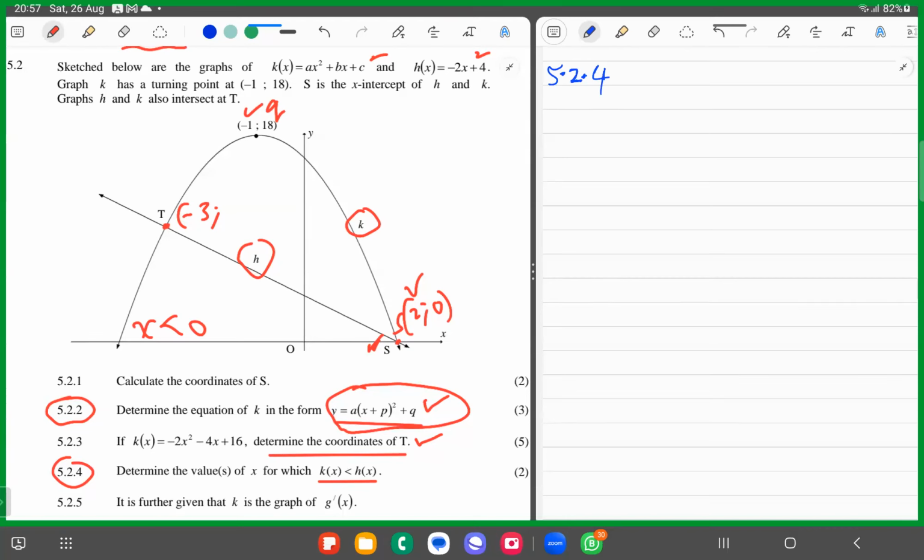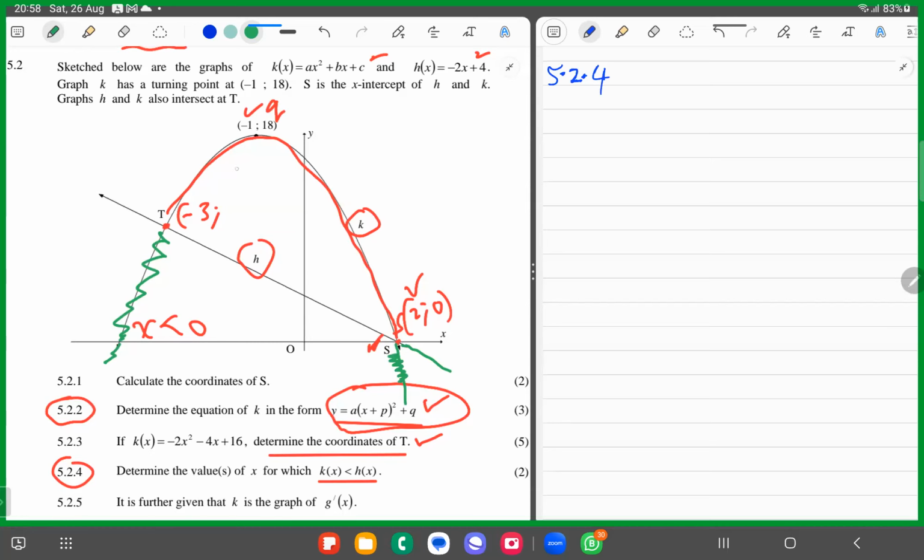You can see that k is above here, so we're interested in the part where k is below. So k here is below h. This one continues and that one continues, but you can see that even here k is below.